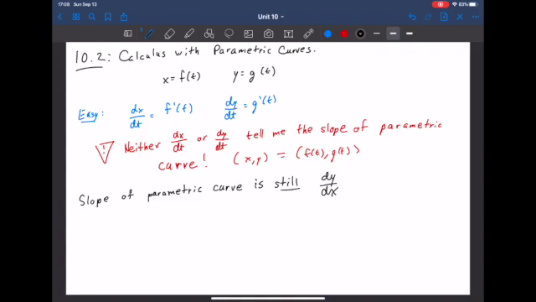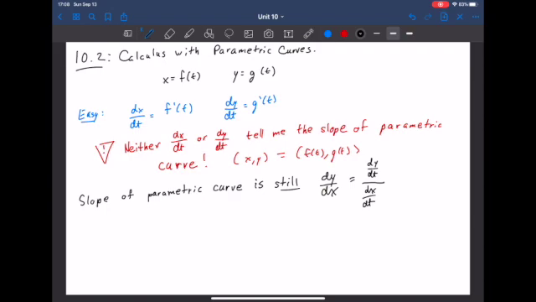But how we're going to get that is a little more complicated. It stands for the derivative of y over the derivative of x. So we're going to have dy/dt divided by dx/dt. Notice it's not the quotient rule. It's a little like L'Hopital's, but I hesitate to say that. L'Hopital's is going to come into play here, but in general, this is what we're talking about when we talk about slope.